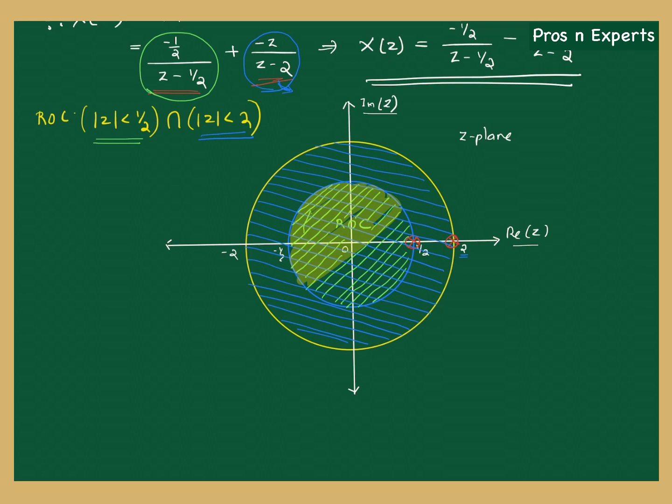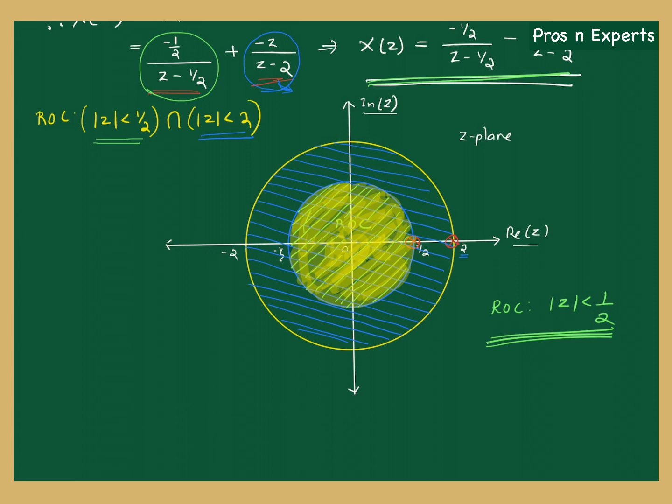The circle is nothing but mod z less than half. So both the ROCs intersect at the circle which is mod z less than half. So this is the ROC. I can write the ROC is mod z less than half. So we got the z transform here and the total ROC.